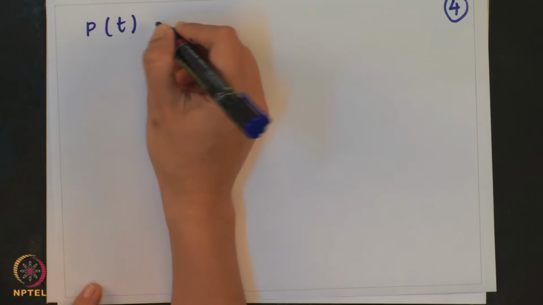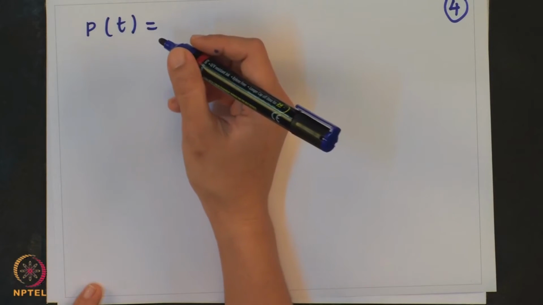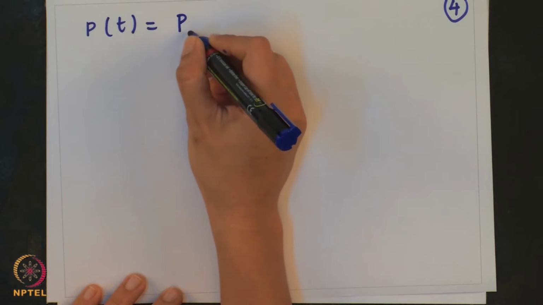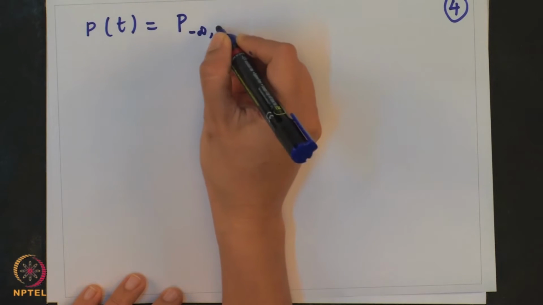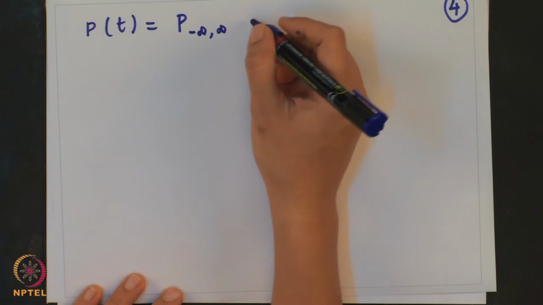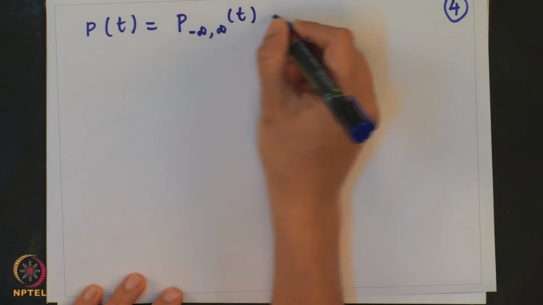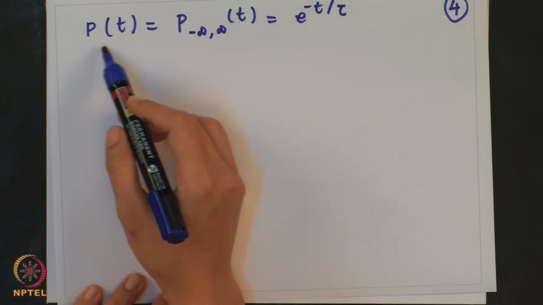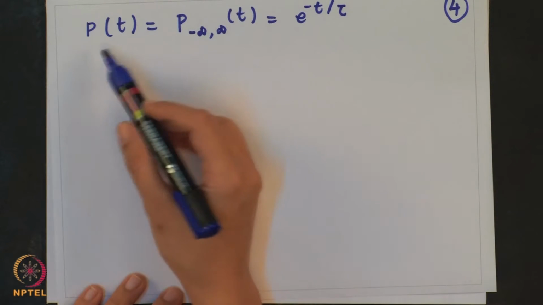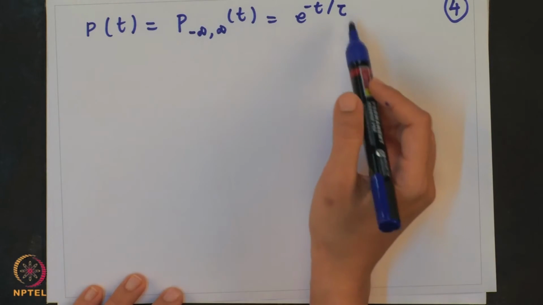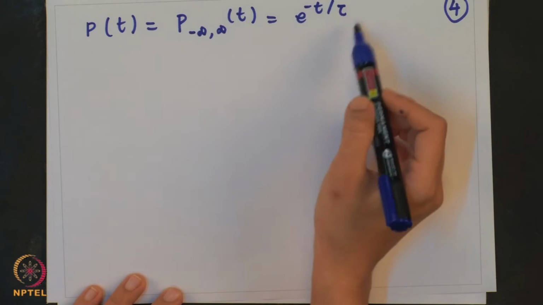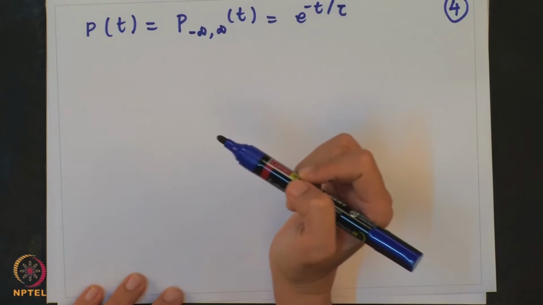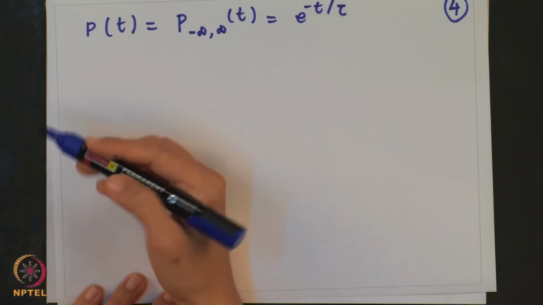So, let me write what is given to us. It is given that P of t, where a and b are replaced by minus infinity and plus infinity, is equivalent to the final expression we obtain in terms of P of t, which we have to compare with this expression, okay.